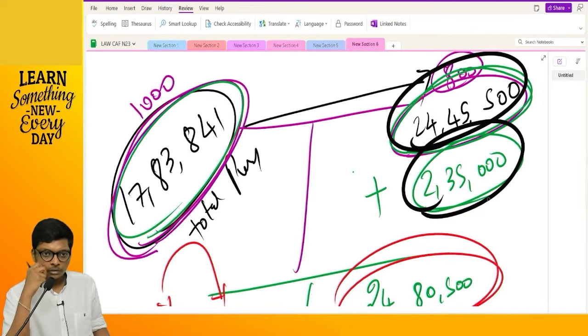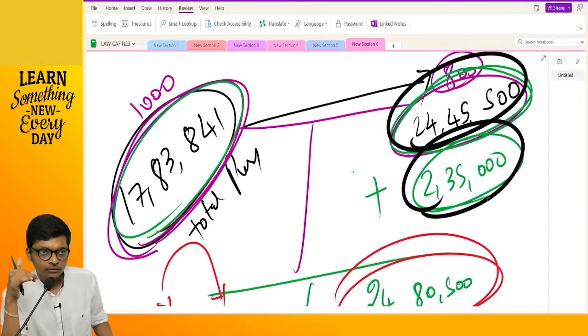I'll scroll down. Yes, Adya. Behind you, who's sitting? Which sum are we solving? Illustration 6. Which chapter?